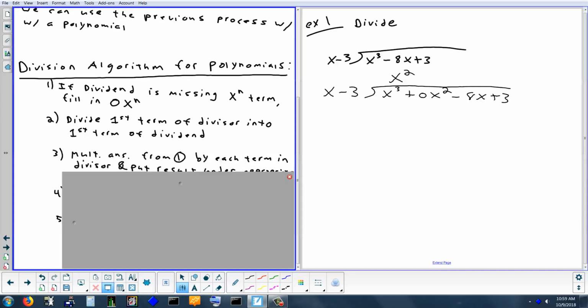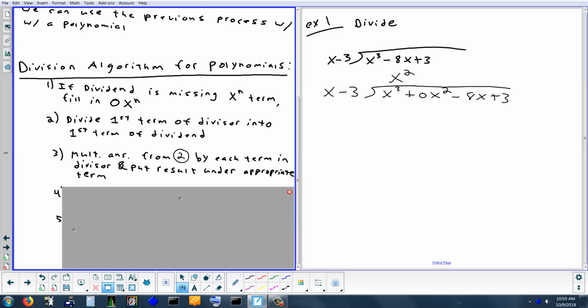Okay, step 3. Now you're going to multiply the answer that we just got. That's actually step 2. So take the answer from step 2 and multiply it to each term in the divisor. So it's kind of like you're distributing it back out. We're going to do x squared times x, and then x squared times negative 3.